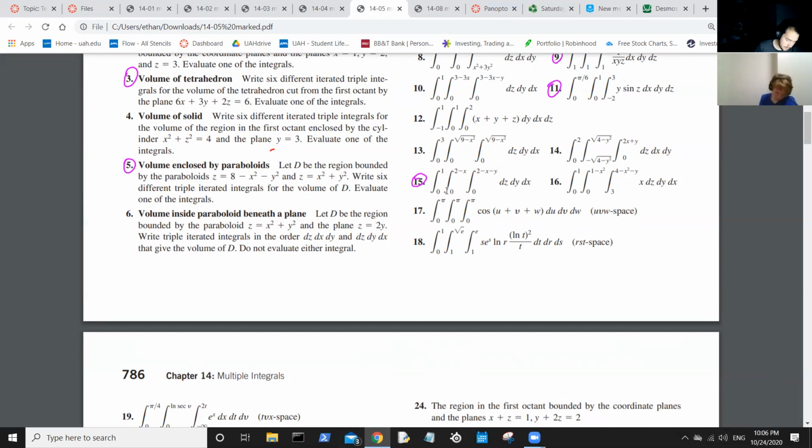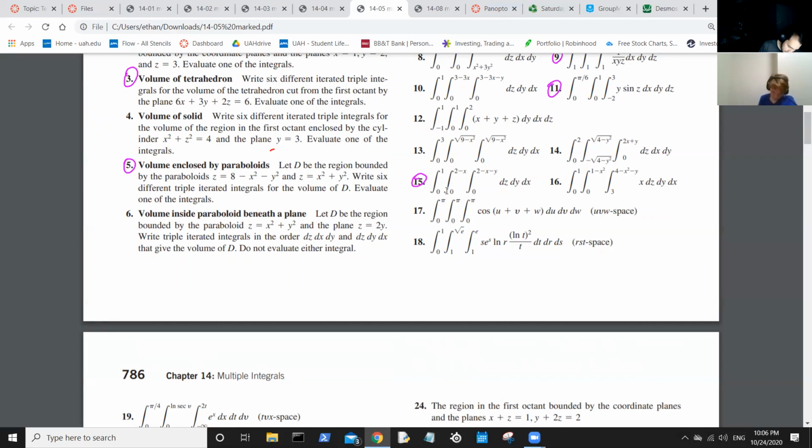The next step is integrating with respect to y. So across the board, you do 2y minus xy minus y squared over 2, and you evaluate it from 0 to 2 minus x, and then you plug and chug all the way through. So we get 4 minus 2x minus 2x plus x squared.